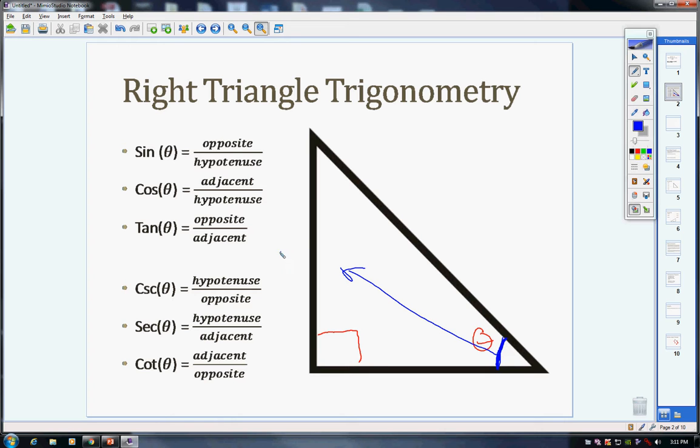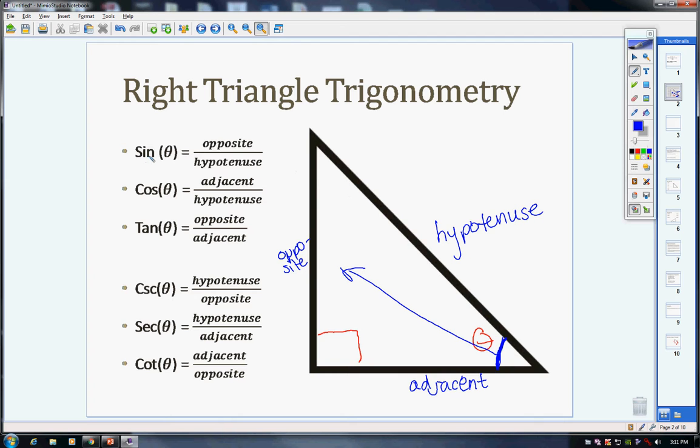So this side is opposite. This side is adjacent. Adjacent is the non-hypotenuse side that connects with the hypotenuse to make the angle. And of course, this is the hypotenuse. The hypotenuse is always the side opposite the right angle.